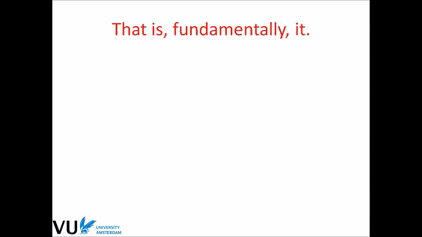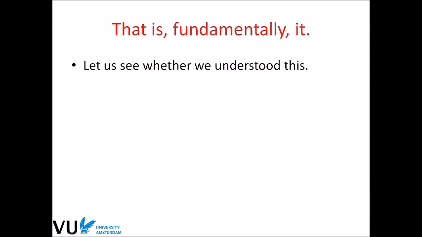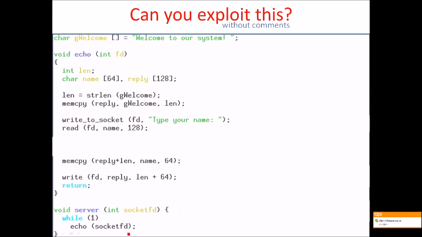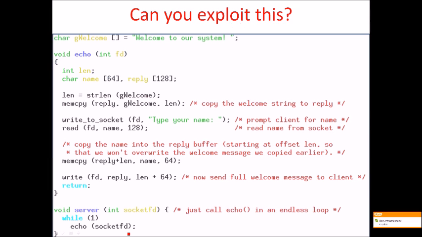So now we basically reached the end of part 2. We should understand buffer overflows, and let's see if we really do. Here's a program, a really simple echo server. What the program will do is welcome clients that connect to it and echo what they send on a socket, on a network connection.